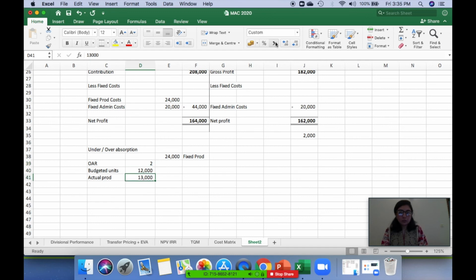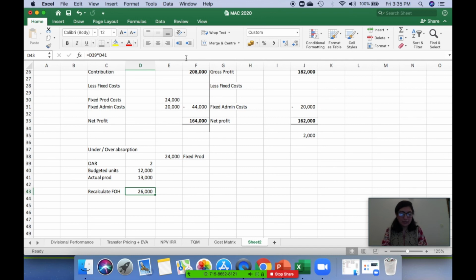But when the actual production starts differing from the budgeted units, your fixed production overhead will also change, right? Now, if we recalculate under absorption costing, we recalculate the fixed overheads. My bad. So it will be 2 into 13, 26,000. Now our fixed overheads have gone up to 26,000 only because our actual production was more than our budgeted units.